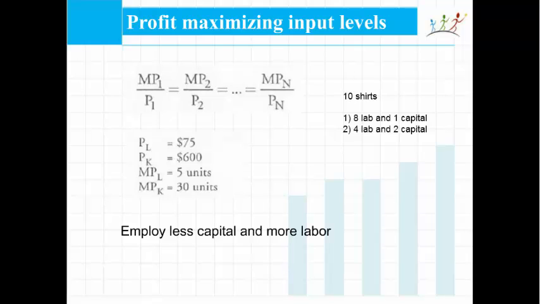If I hire a new labor, what is the marginal product of labor? I will get 5 more units. The second option is that I can spend $600 and hire 1 more machine. So $600 and get 1 more machine. If you get 1 more machine, you will get 30 more units of production.